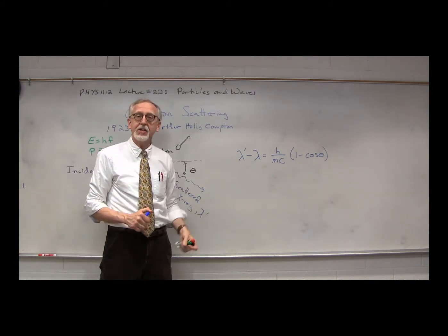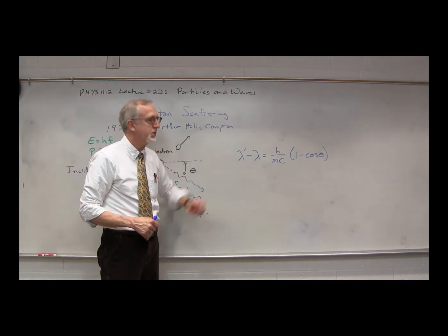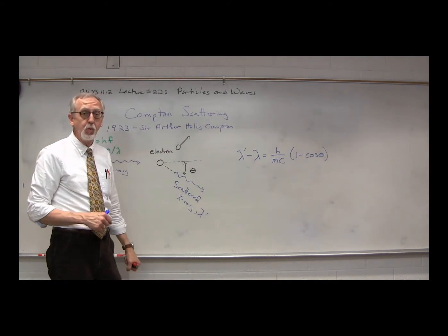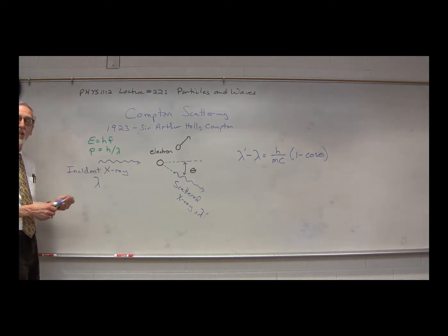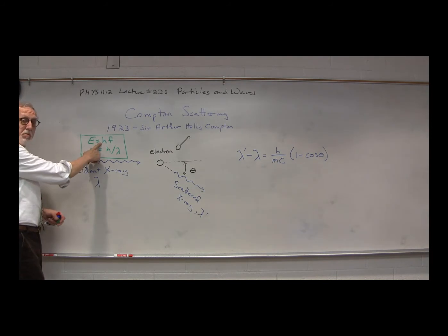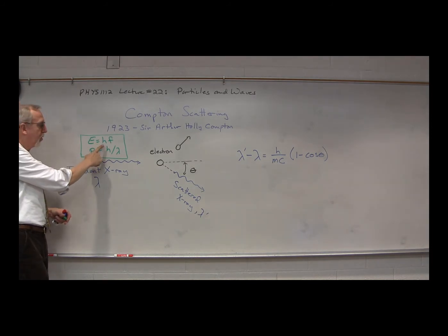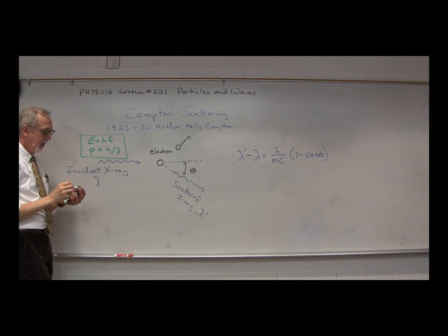And that matched the observed relationship between the incident and the scattered wavelengths. So that tells us that these give us the correct energy and momentum: the energy of the photon that we talked about before, and the momentum of a photon, which is just h over lambda.